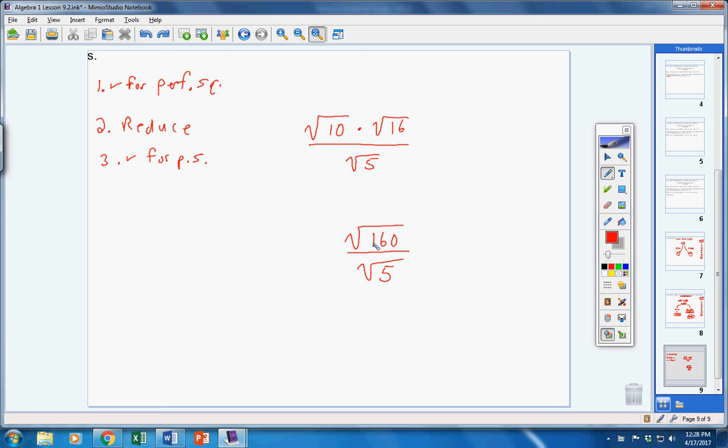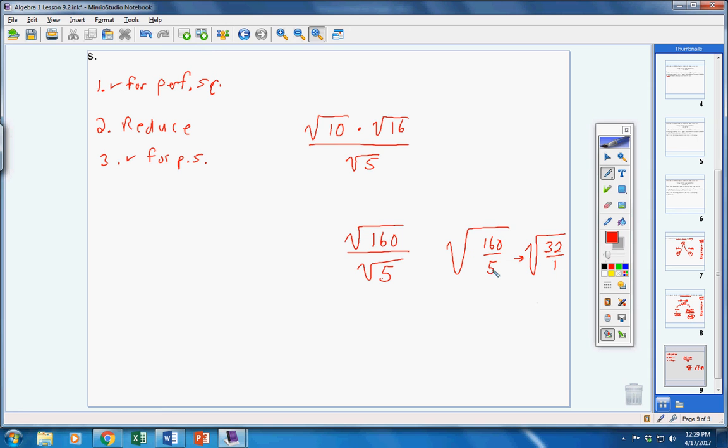Alright, next. Do you see any perfect squares? Not at all. Next. Can we reduce it? Well, I think so. I mean, inside number 5 goes into both of these. So I would do it like this. I would say we have the square root of what? 160 over 5, which reduces to the square root of 32 over 1.